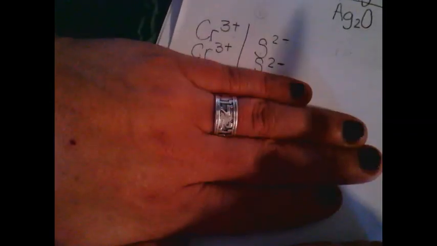Okay, so of course these are not balanced. These are not going to cancel each other out. We want a neutral charge. So in order to do that, I'm going to think of a number. Is there a number that 2 and 3 can both go into? Well, yeah, 6, right? So remember, we're going to add another chromium because 3 plus 3 is equal to 6. So then I say, well, 2 can obviously go into 6. So I'm going to say 6 plus here.